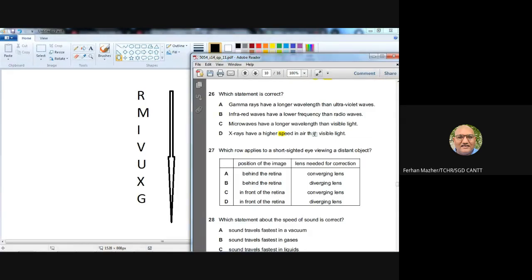That's wrong. Infrared has more frequency. Microwaves have a longer wavelength than the visible light. That is true. X-rays have a higher speed in the air than the visible light, that's wrong. The speed of electromagnetic waves is the same in the air. They all travel with the same speed in the air.